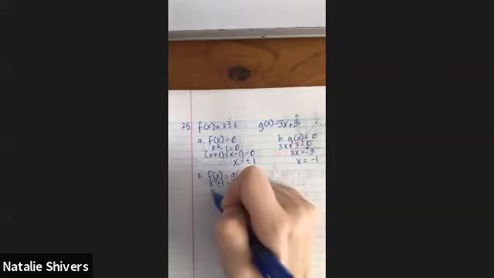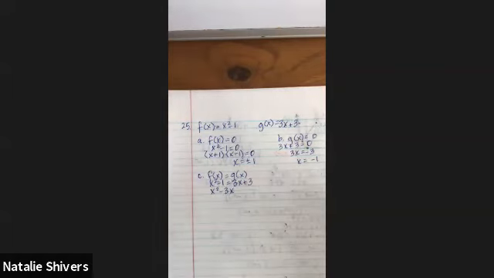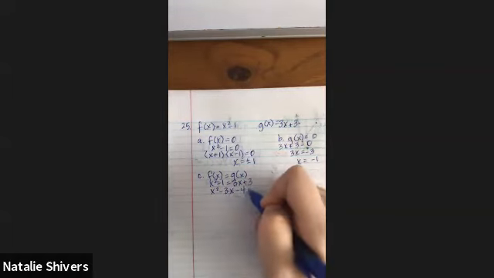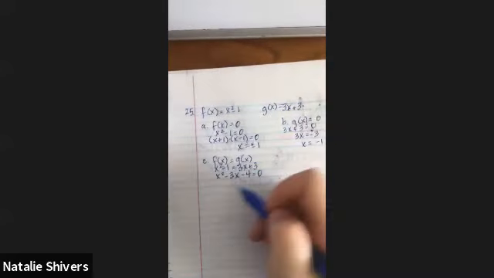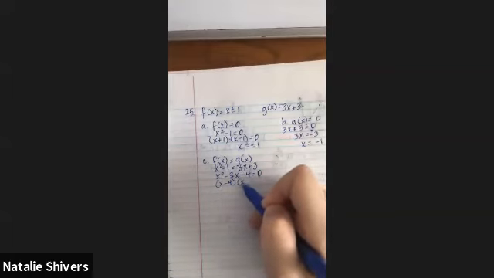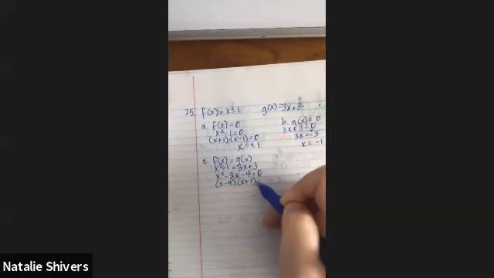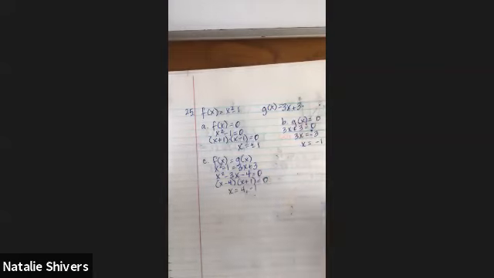So I'm going to subtract 3x, and I'm going to subtract 3 to get negative 4. And then I'm going to factor this one. So I get x minus 4 and x plus 1. So x equals positive 4 and negative 1.